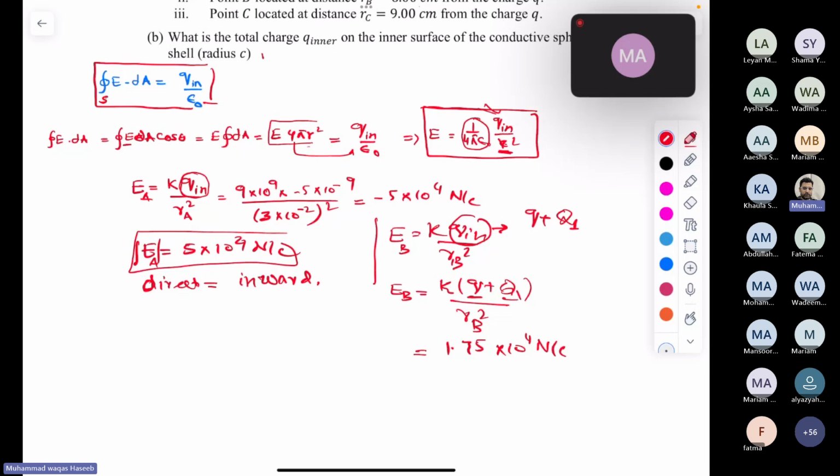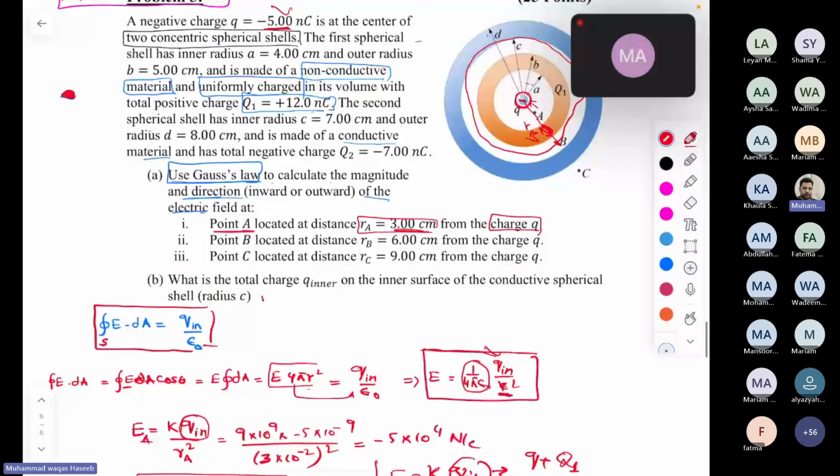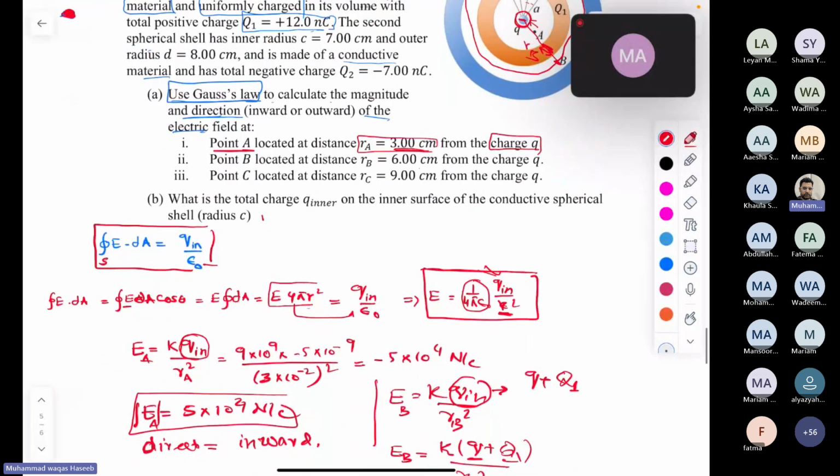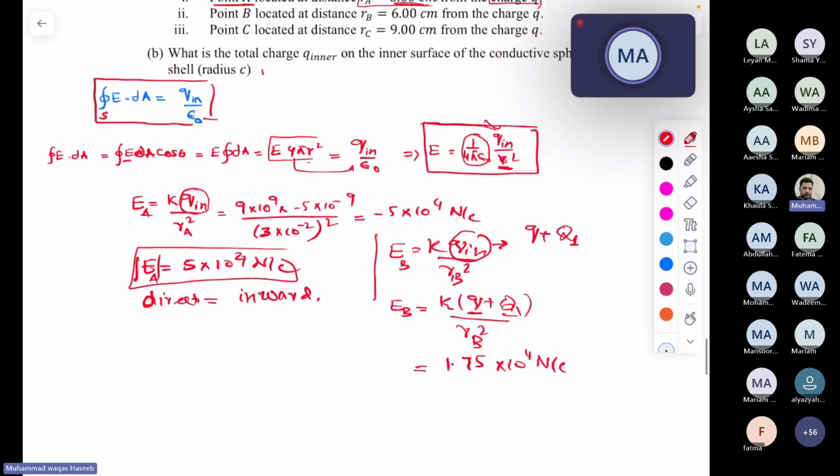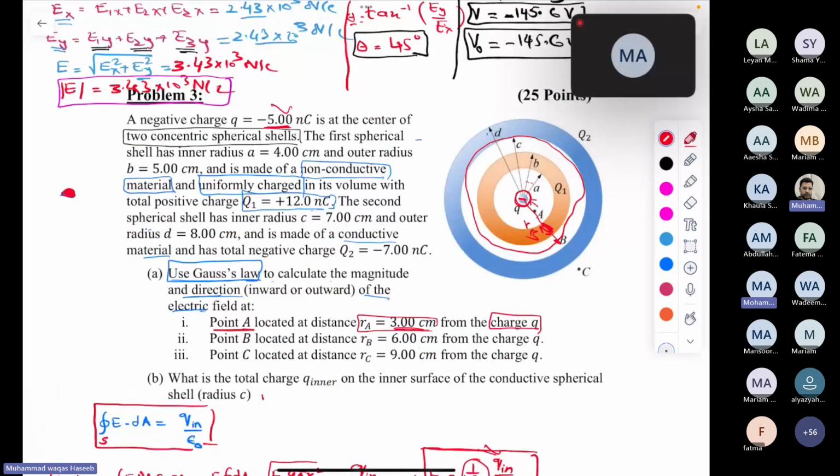Newton per coulomb. Now, what is the direction of the electric field? Doctor, why is the field at point A not 0? Because at point A, if you draw a closed Gaussian surface, it contains this charge.